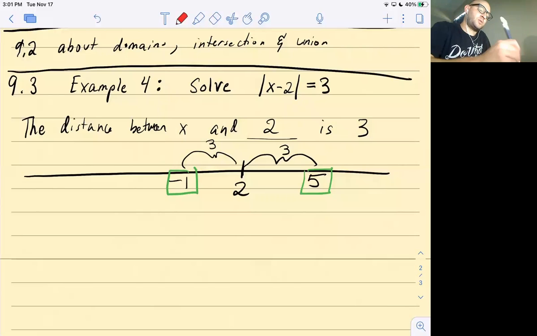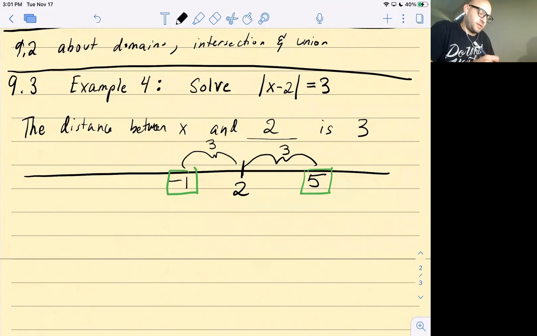So with the algebraic approach, we ignore whatever is in here. In this case it's not that complicated, but if we have an absolute value equality, we have to say, okay, whatever is in there, in order for the absolute value to be 3, there are always 2 possibilities.